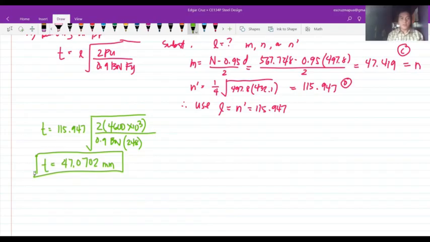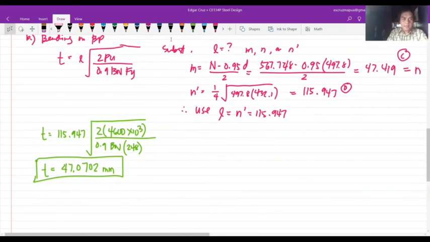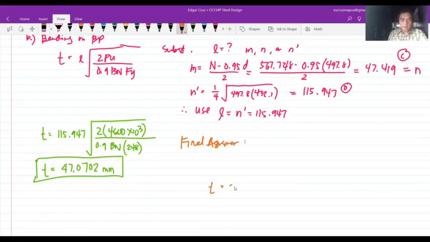Okay? So the final answer would be, so what are the final answer? So the thickness is 47.0702 mm. Okay, so we have the base, we have the N. The N is 567.748.